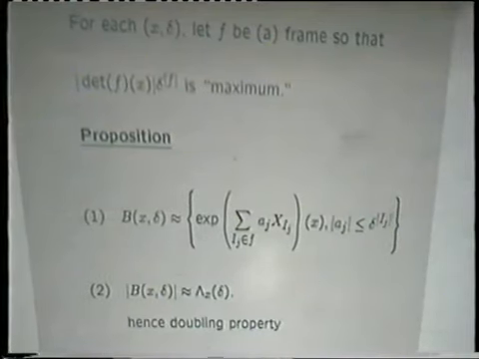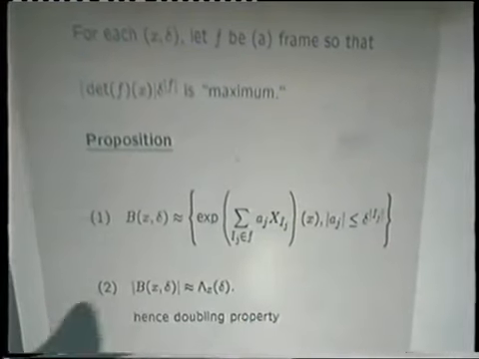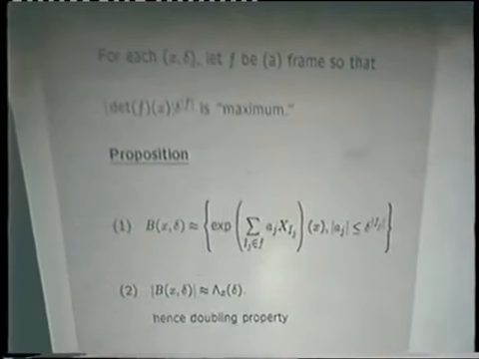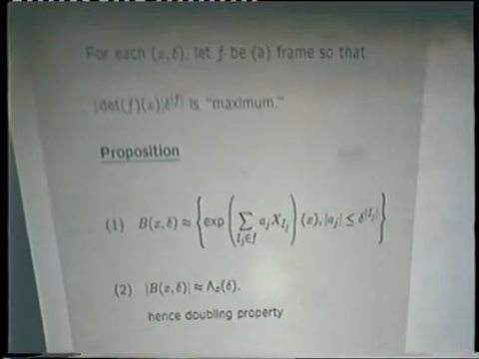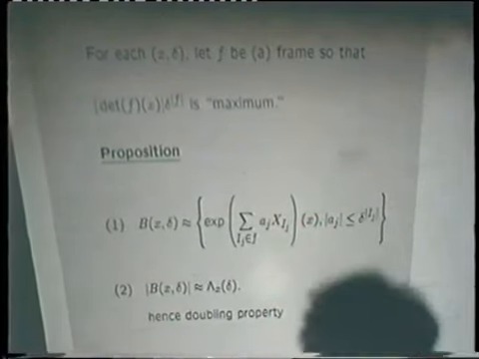It's not uniquely determined, but any such frame will do. And in that frame, the ball of radius delta, centered at the point x, looks like a box in the direction of these specialized vector fields, with these specialized lengths, which are determined by this.